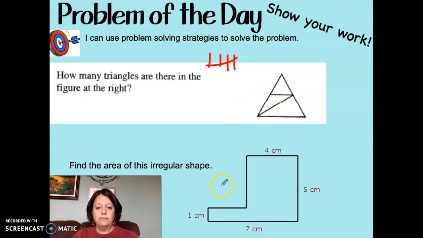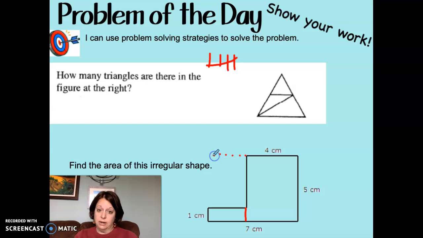Now it says find the area of this irregular shape. You could do one of 2 things. To figure it out, I like to draw it, figure out the area here and the area here, and then add them together. Or you could do something I made up the name for.